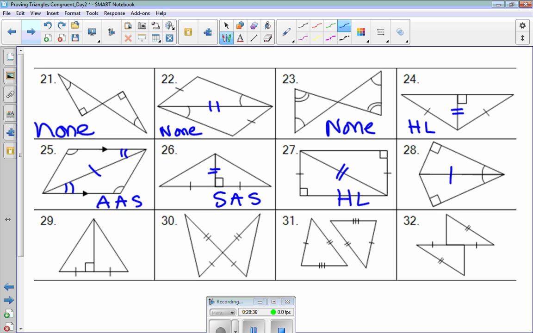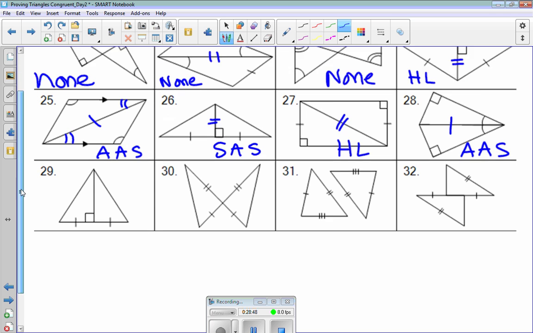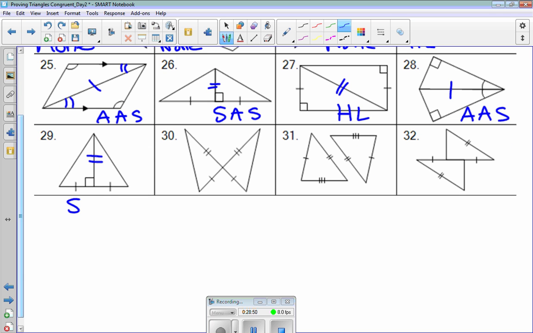Twenty-eight, angle, angle, side. The side is not included between the two angles. That's angle, angle, side. Twenty-nine, side, angle, side. That one is side, angle, side. This one is also side, angle, side. Thirty-one is side, side, side. Oh, thirty-two. None. It is not, because they don't fully overlap.